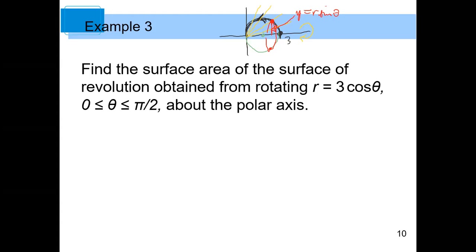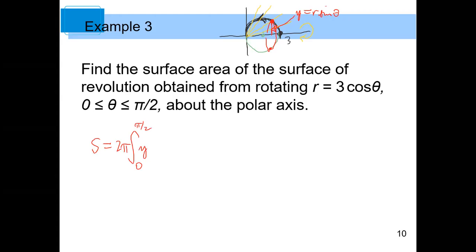So the surface area is going to be given by, to get every single disk in this thing, I would have to let theta go between where and where? 0 and pi over 2, yeah?